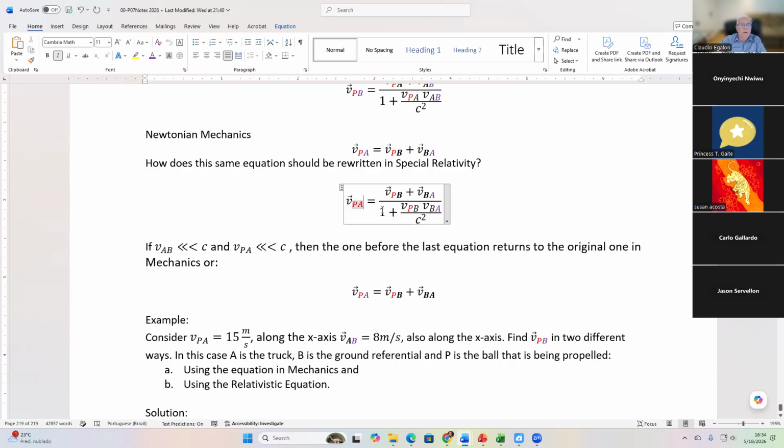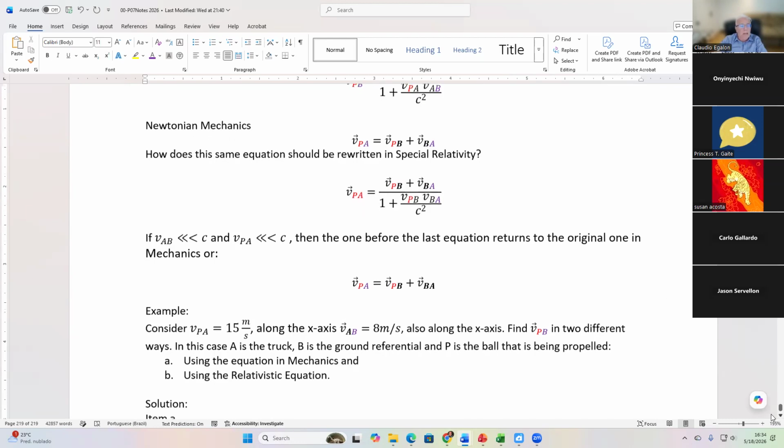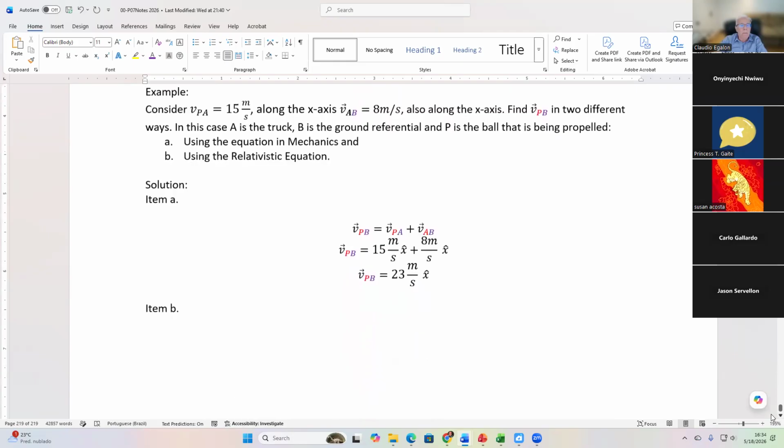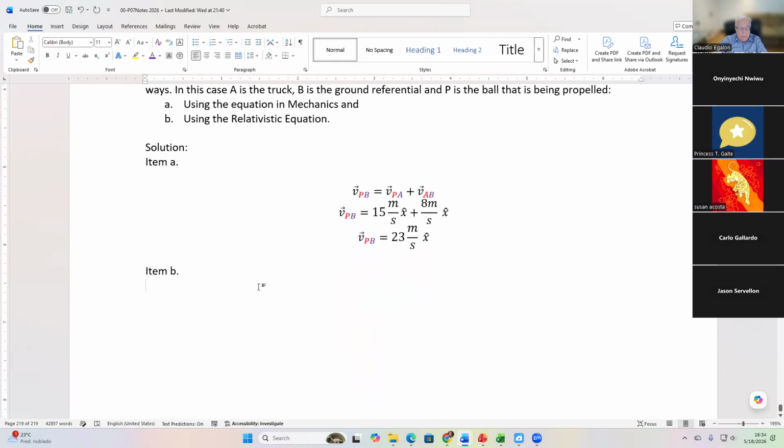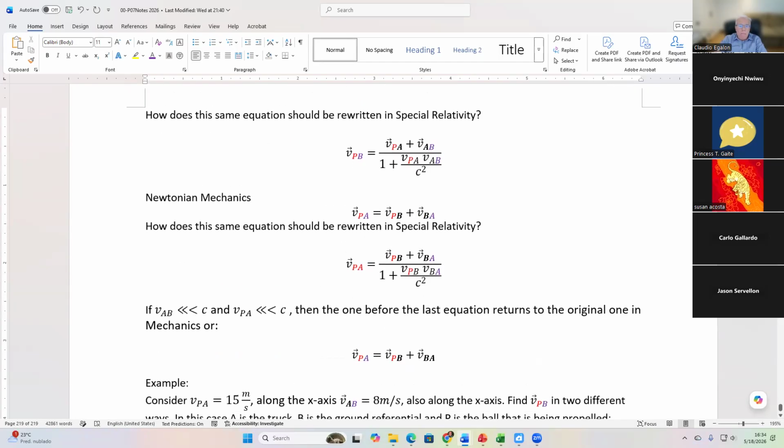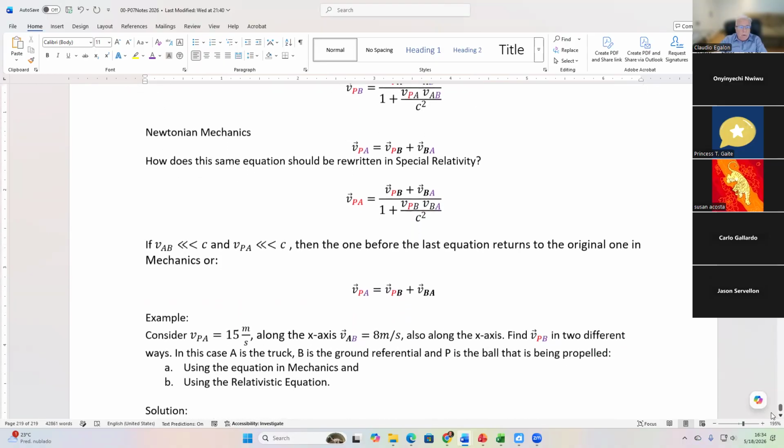We gotta use this one here. I didn't change the notation. Okay, VPB. Oh, he wants VPB. Wait a minute.